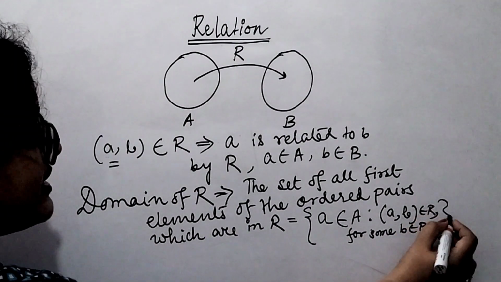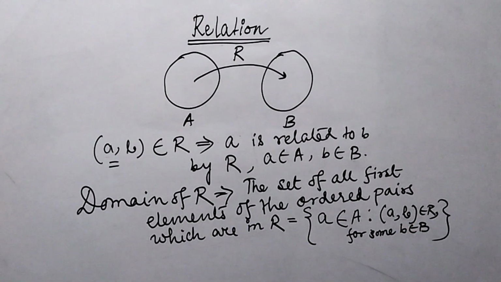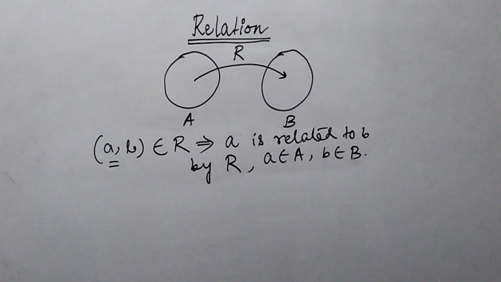So this is the definition of domain of R, that is, domain of any relation means the set of all first elements of the ordered pairs which are in that relation. Now another very important concept derives from it, that is the concept of range of a relation.